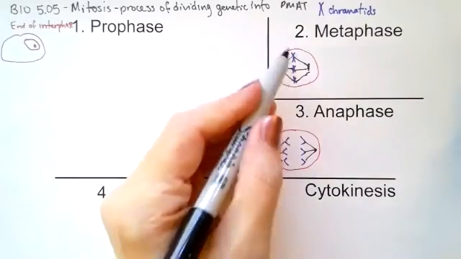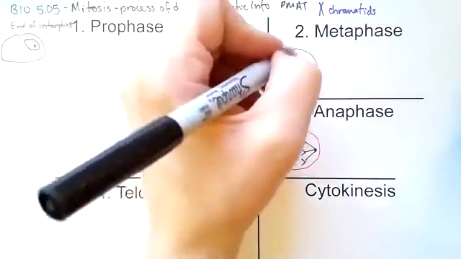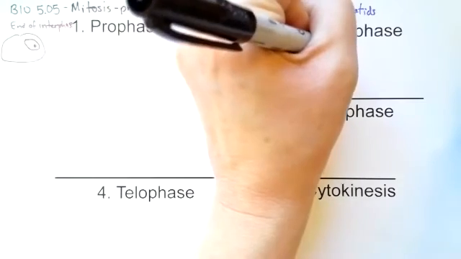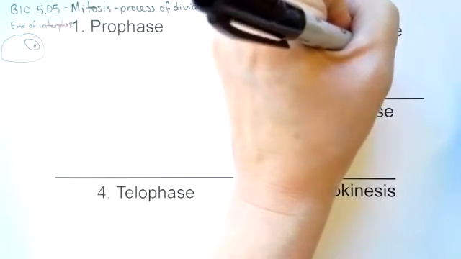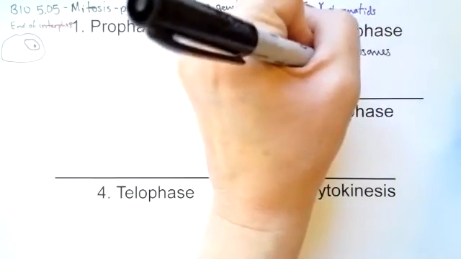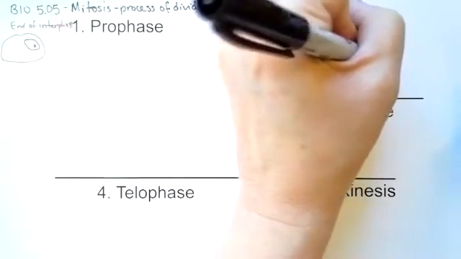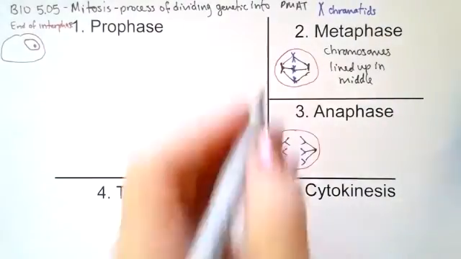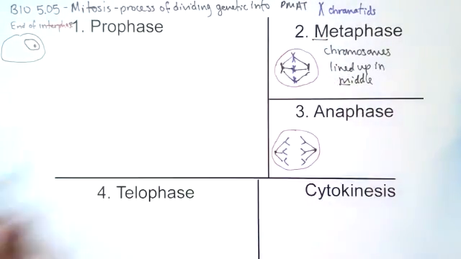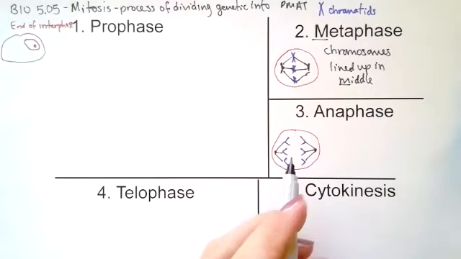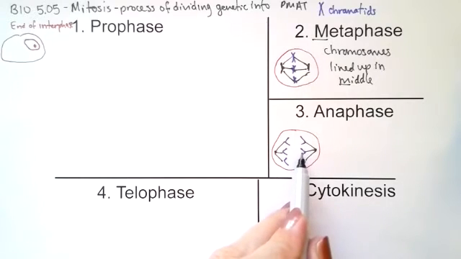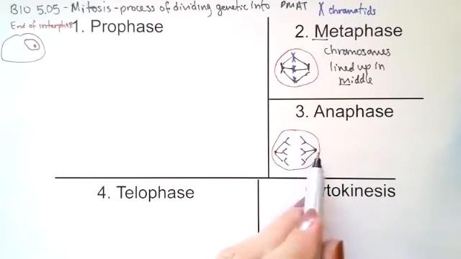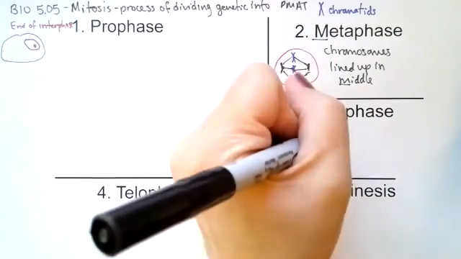Well, the chromatids, or we could say the chromosomes, are lined up in the middle. We have M for metaphase and M for middle. So that's easy to remember. In anaphase, the chromosomes are being pulled away from each other towards opposite ends of the cell.